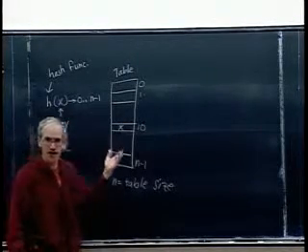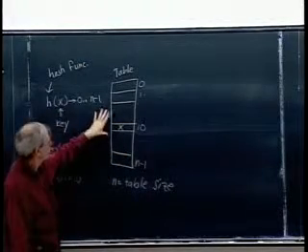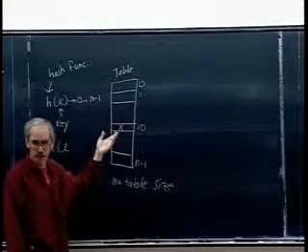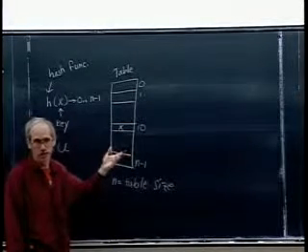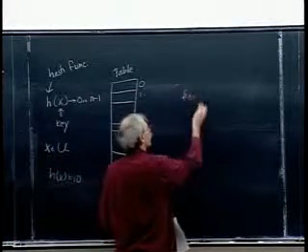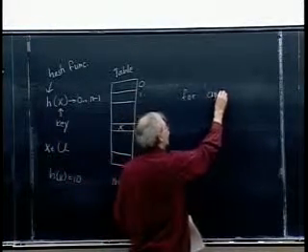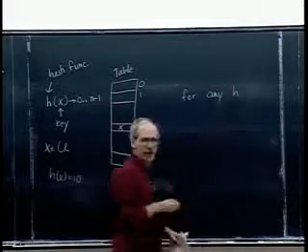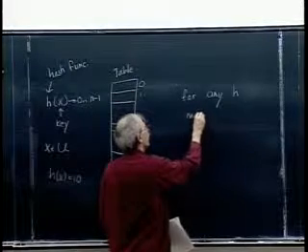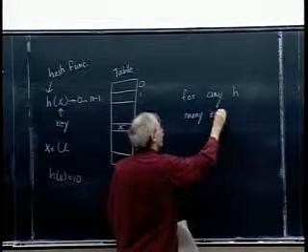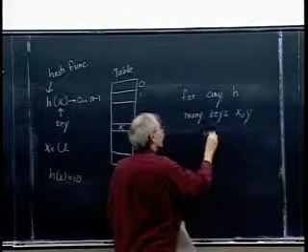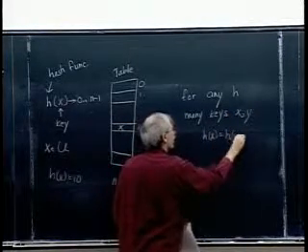So we know that because the table size is much smaller than U, this h is not a one-to-one function. It's in fact a many-to-one function. So in particular, because of the way we've set it up, for any hash function h, there are going to be many keys x and y where h of x equals h of y.